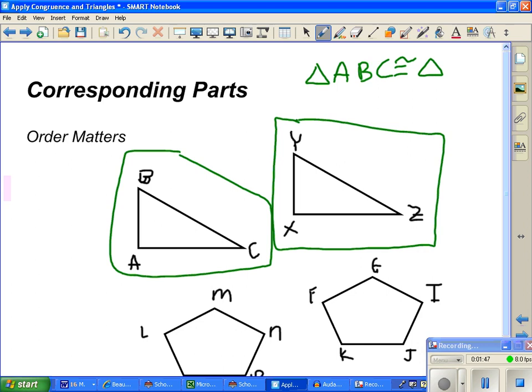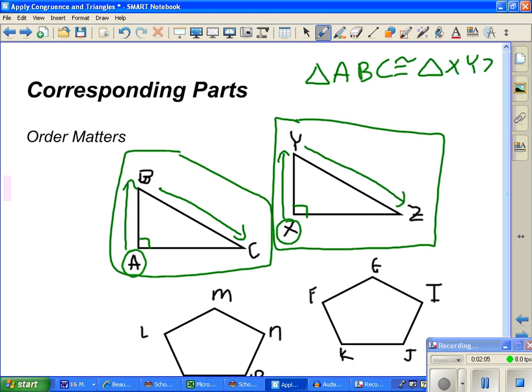Well, this looks like a 90-degree angle here. I'll make it 90 degrees. I went A to B to C. So when I write the order for the next triangle, I've got to go from X to Y to Z in the exact same order. Triangle XYZ.